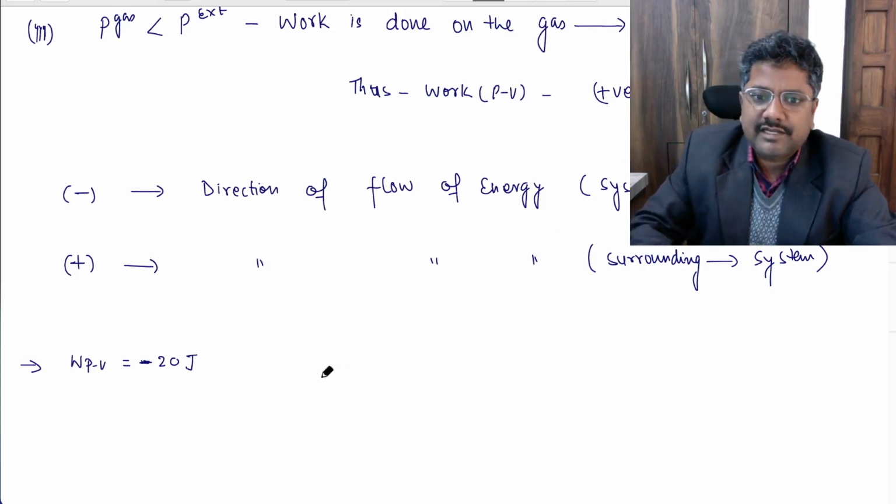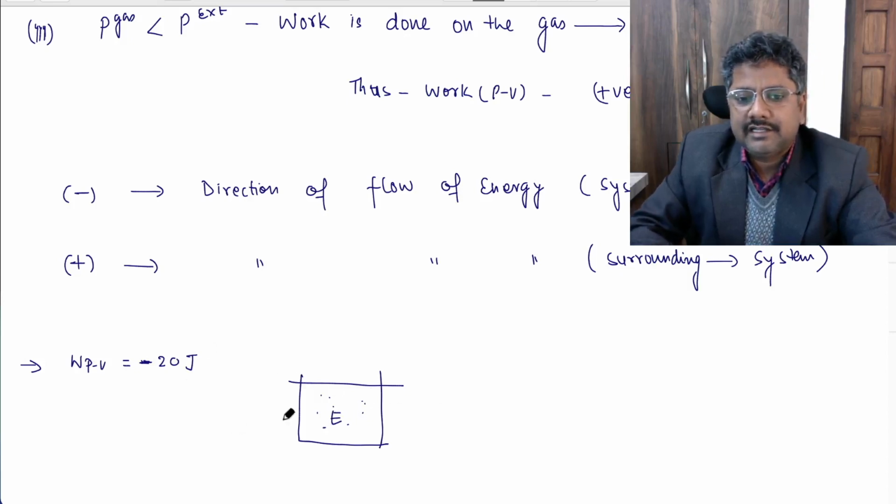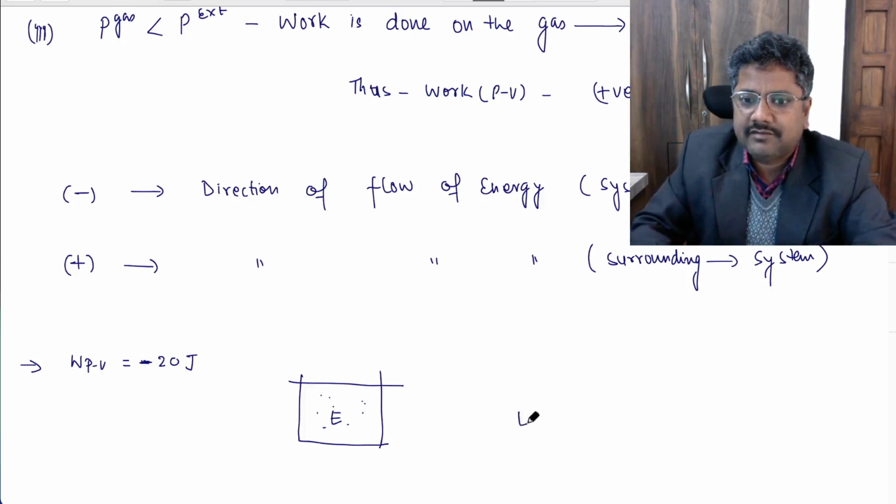So suppose you are given a system and this has some energy, suppose E, and it is given that for this system W is minus 20 joule. So what is the final energy of your system? The final energy of our system is E minus 20. And suppose the surrounding energy is E dash.